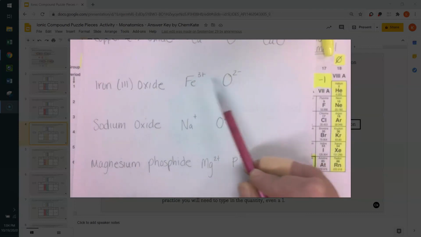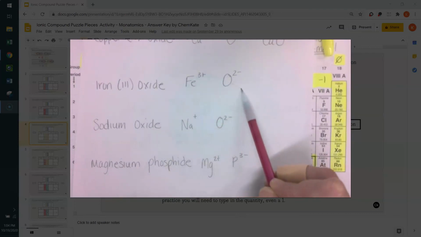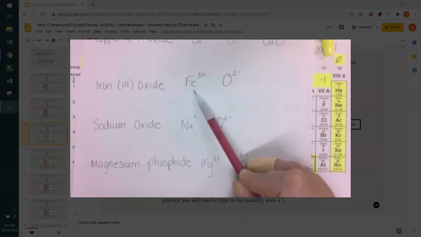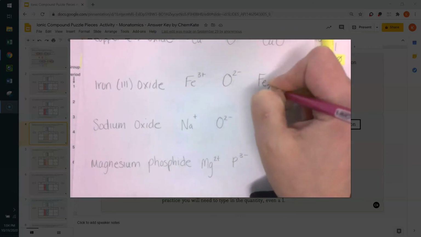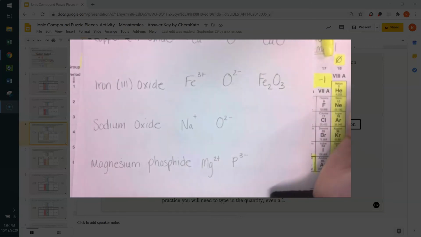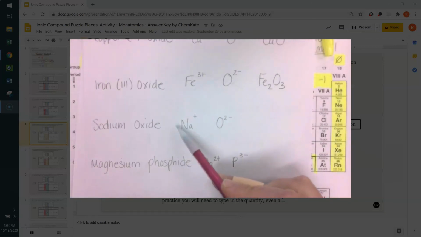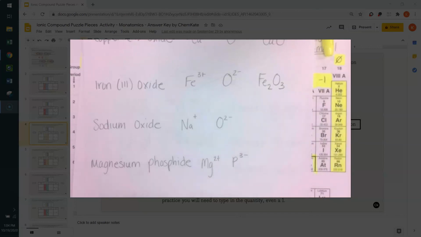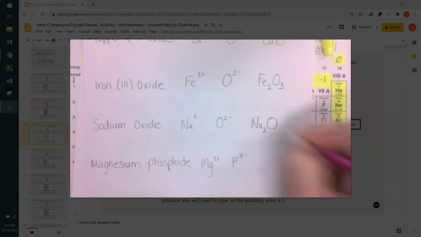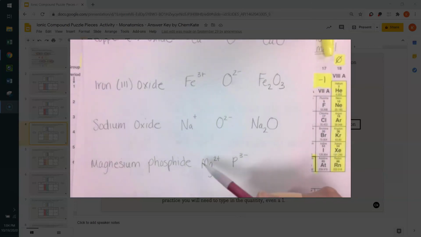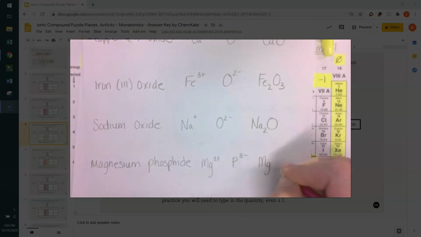If they do not, the crossover method is the best way to go. So this becomes Fe2O3. Sodium oxide, it's a 2-to-1 relationship, so we're going to see Na2O. And down here for magnesium phosphide, the crossover method would be Mg3P2.